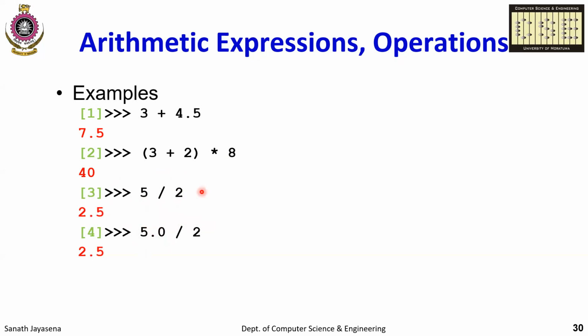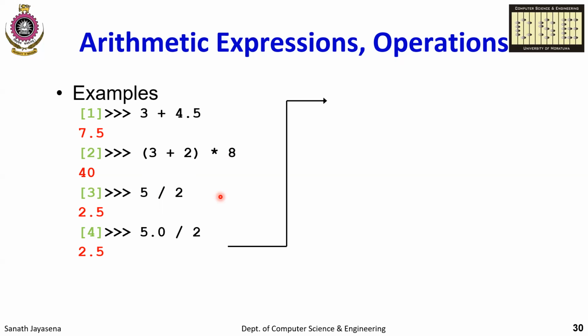The difference between the third expression and the fourth one is that here 5 is represented as an integer, whereas there 5 is a floating point number. But either way you get the same result, because division using this operator is a floating point division. The values, even though they are integers, get converted into floating point for the computation.